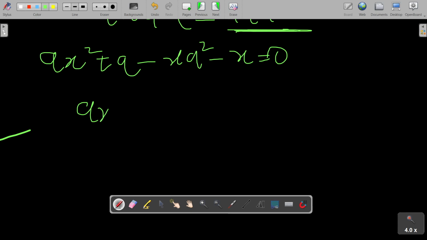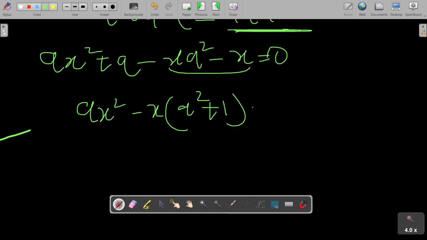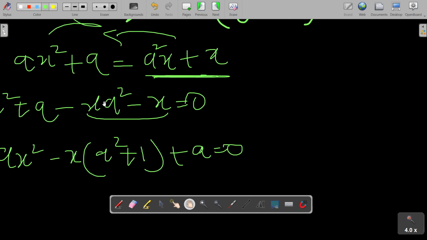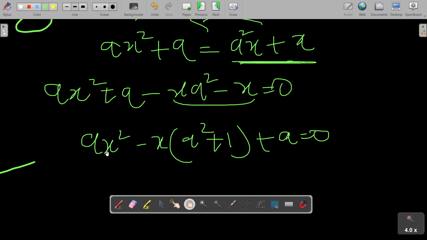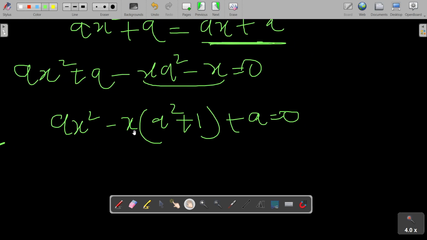So we are left with a x squared minus x. Let's take x common on both terms, we have a squared plus 1, and we have a equal to 0. We can see that we are left with the general form. Coefficient of x squared is a, coefficient of x is negative a squared plus 1, and constant c is a.